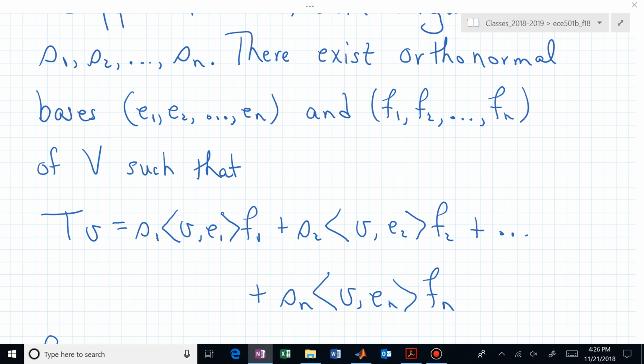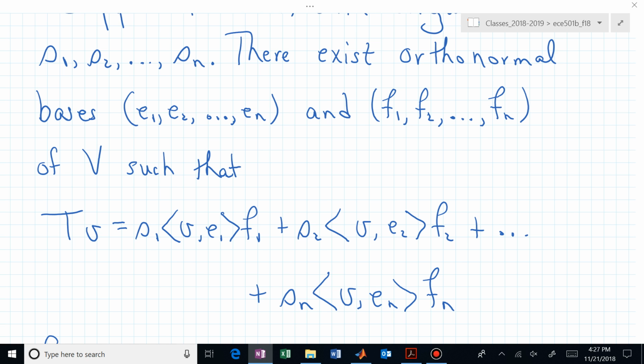We form that product of S1 with this inner product, that's a scalar, and we use this scalar to weight this new basis vector F sub 1. So now we're basically saying, how does V align with the input vector basis E1, E2, En? That gives us scaling.